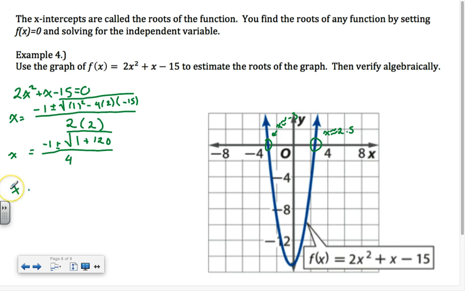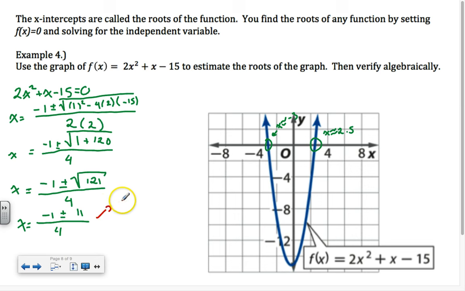So x is really negative 1 plus or minus the square root of 121 over 4. Something nice that we get is that 121 is a perfect square. So this is really just x equals negative 1 plus or minus 11 over 4, which breaks into 2 different roots: negative 1 plus 11 over 4, and negative 1 minus 11 over 4.